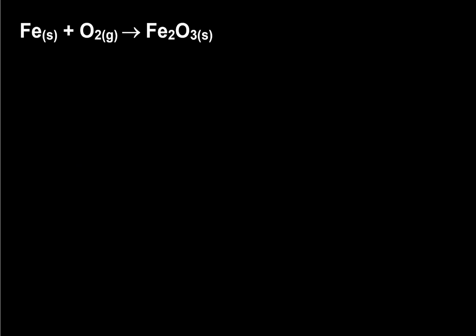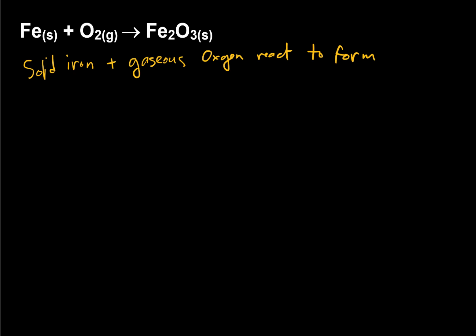All right, now we've got to go backwards on this one, and this is also relatively simple. We just have to take iron solid. So just to put an equation into words, we say solid iron plus gaseous oxygen react to form iron 3 oxide.